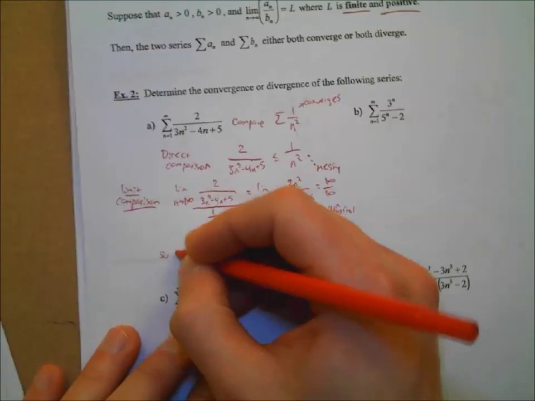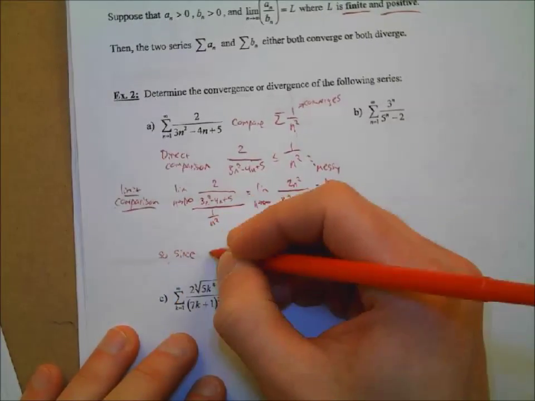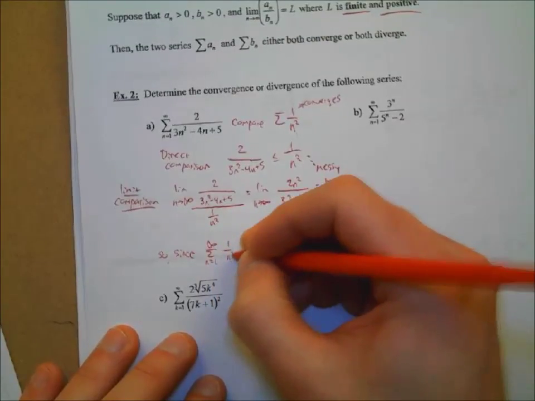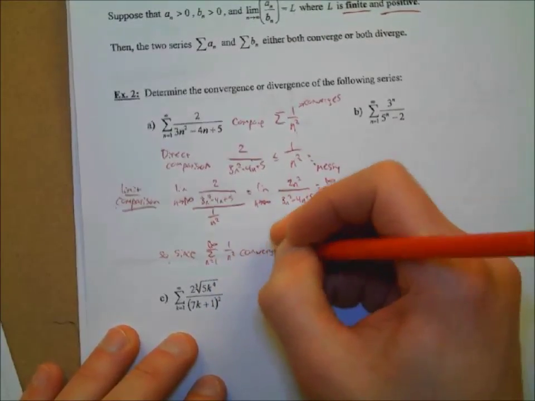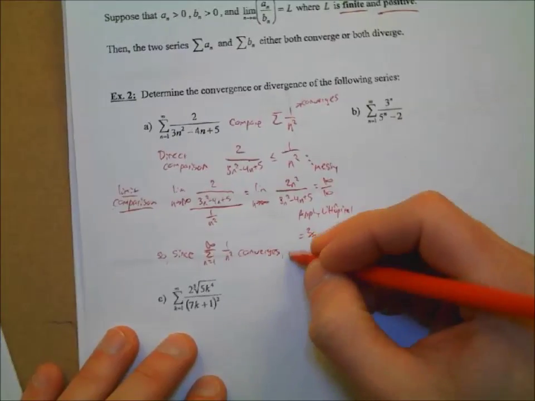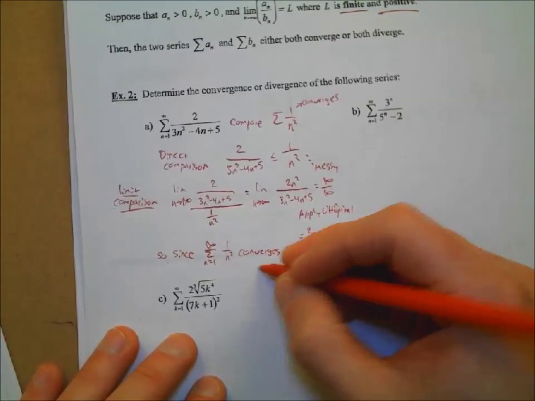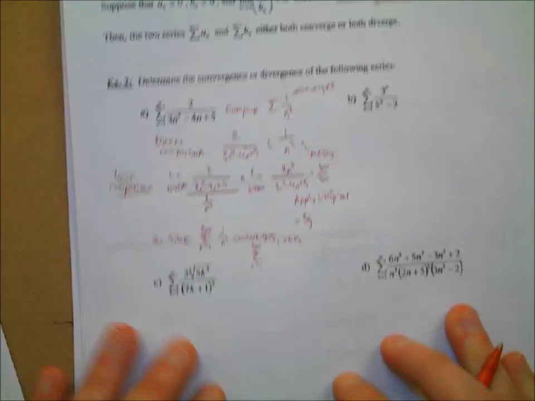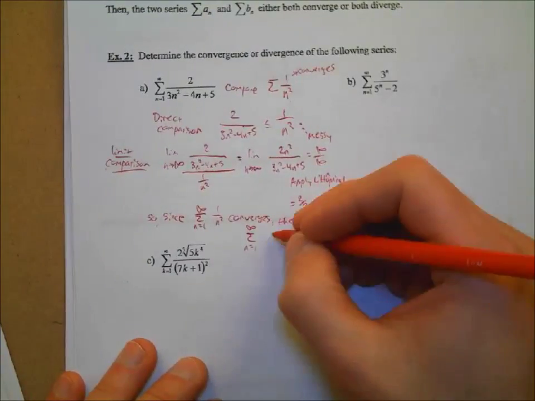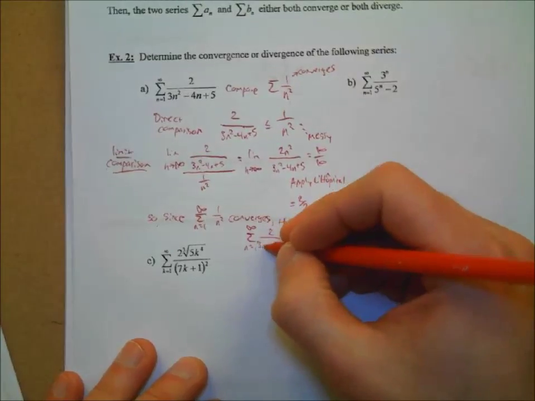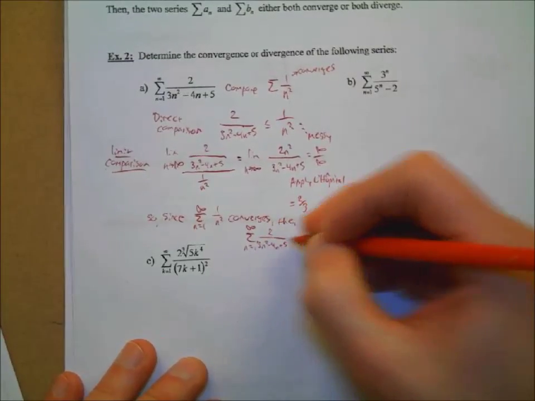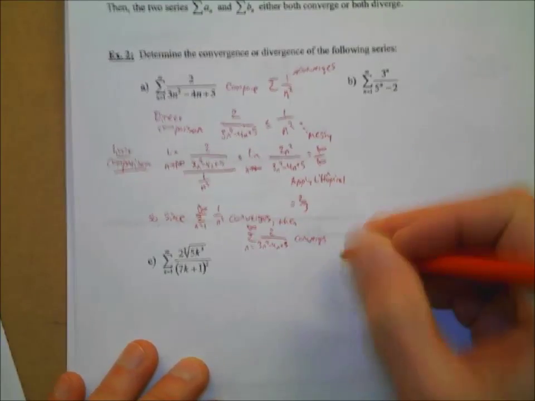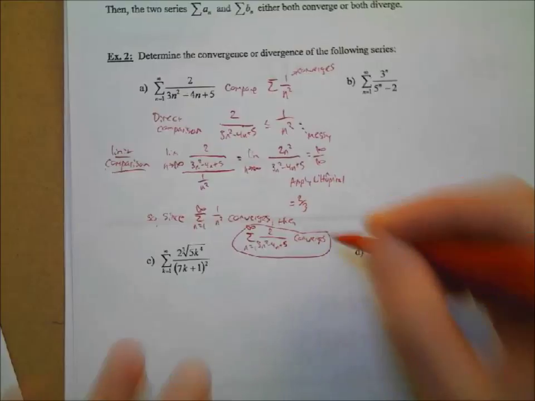So since the sum from n equals 1 to infinity of 1 over n squared converges, then the sum from n equals 1 to infinity of 2 over 3n squared minus 4n plus 5 converges by the limit comparison test.